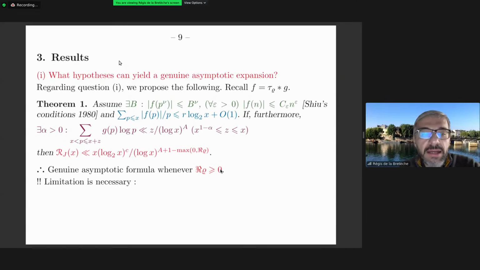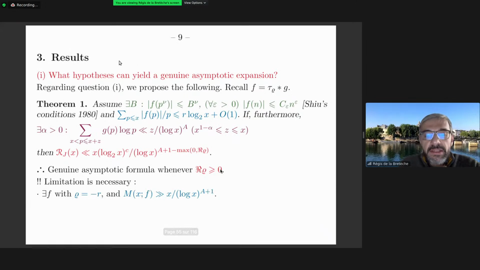But as we can see, the limitation is necessary, because if we take rho is minus R, so we have a typical example where the real part of rho is negative, then we know that there is some example such that the mean value of f of n is less than x over log x power A plus 1.